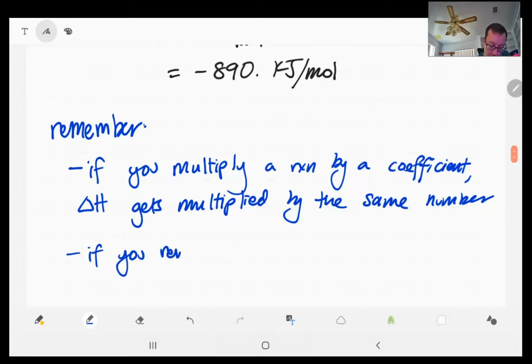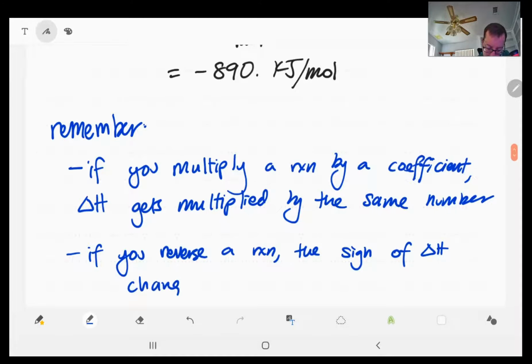If you reverse a reaction, the sign of delta H changes. And so sometimes I'll give things to you that you need to switch the sides of. And we'll do some examples like that as well. So remember that for any reaction, the opposite reaction or process would just be the same delta H value, but the opposite sign.